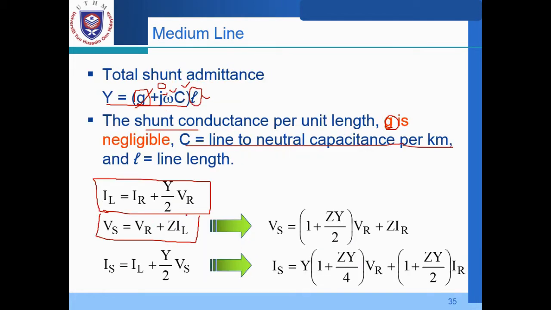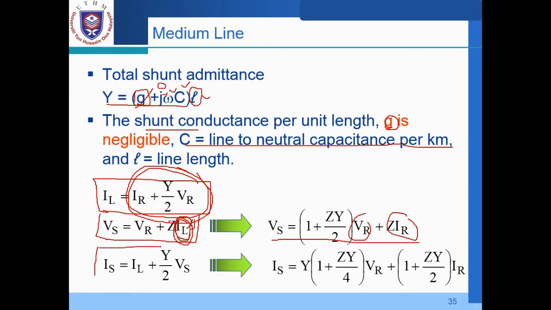And then rearrange how? We substitute the relationship IL equal to IR plus Y over 2 VR into this IL, and rearrange, you may get this relationship: Vs equal to (1 plus ZY over 2) VR plus Z IR. Okay, so the IR and the VR.